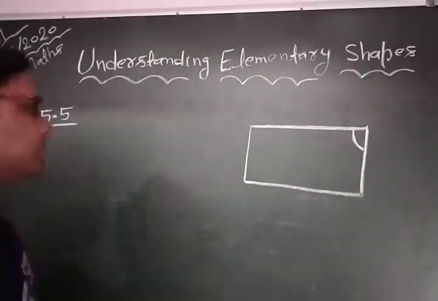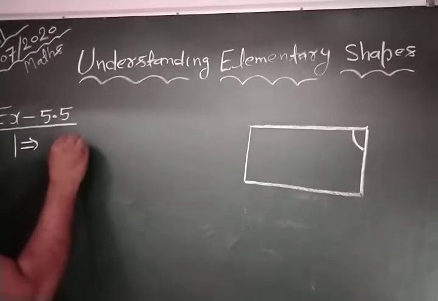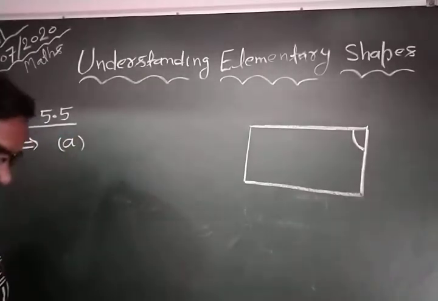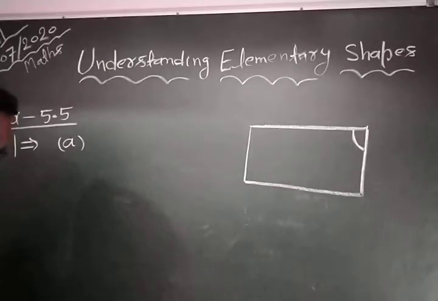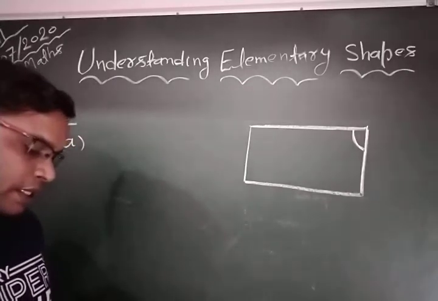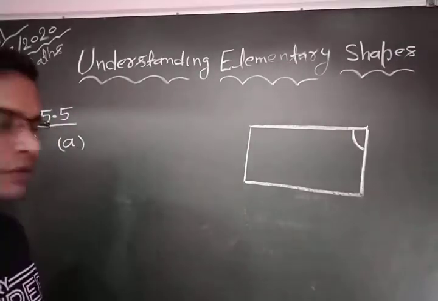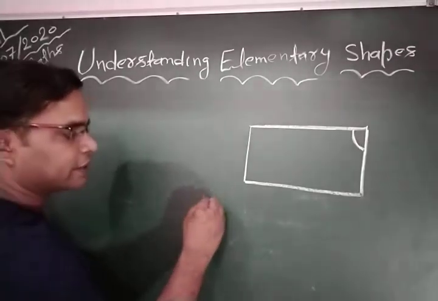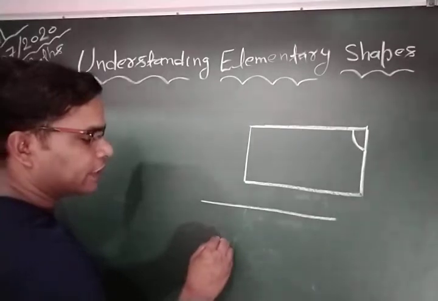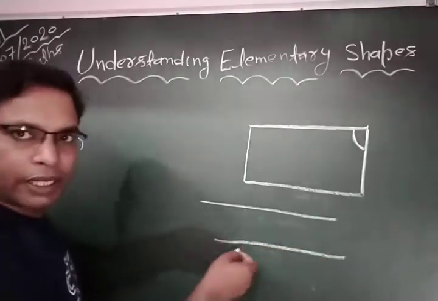So this is an example of perpendiculars. So A part is true. Now B part, the lines of railway tracks. You can see the lines of a railway track like this. This is not perpendicular. These are parallel lines.